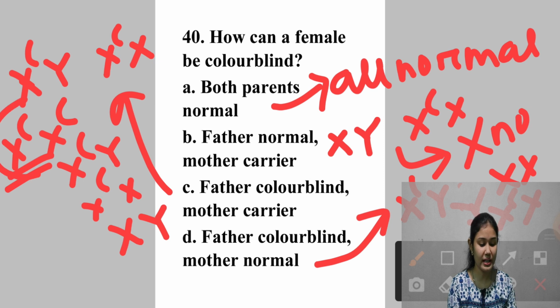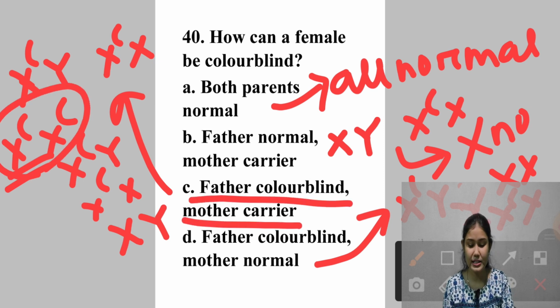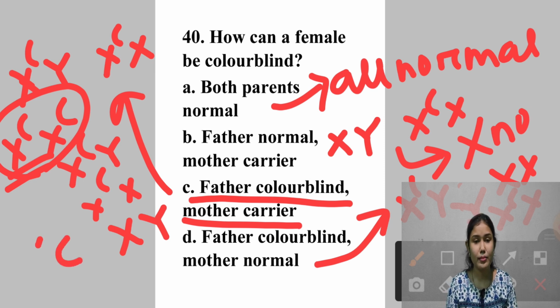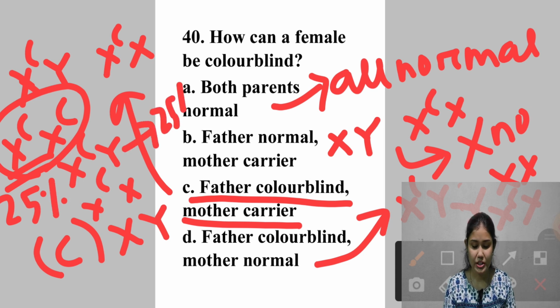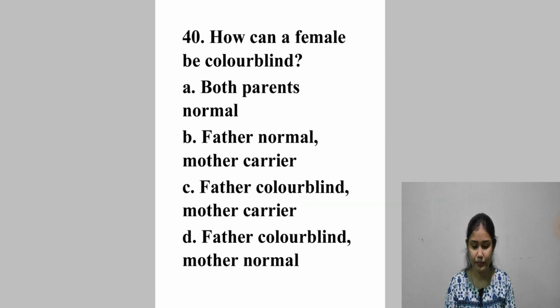It is in option C. Okay, so answer will be option C. That is, when father is colorblind and mother is carrier, then 25% of the female offspring will be colorblind. Okay. Now come to question number 41.